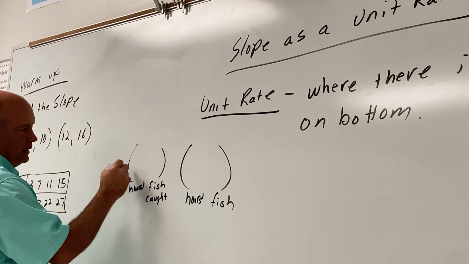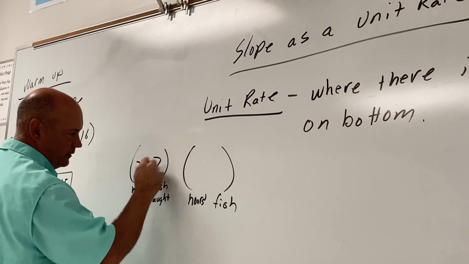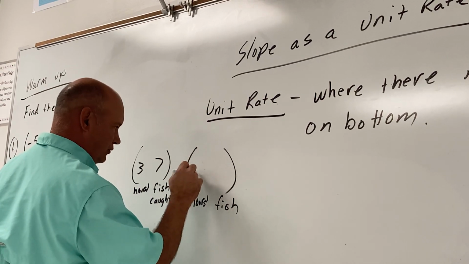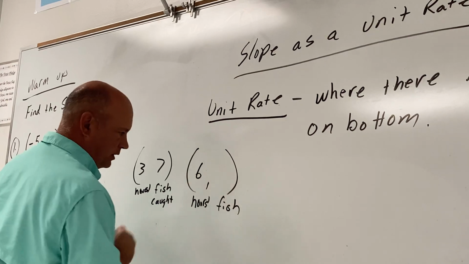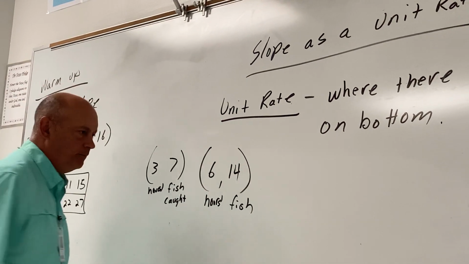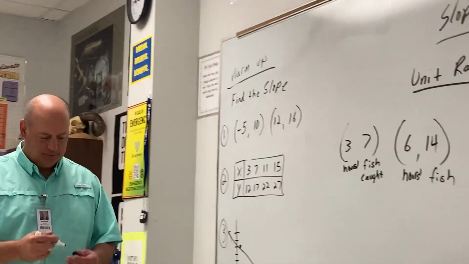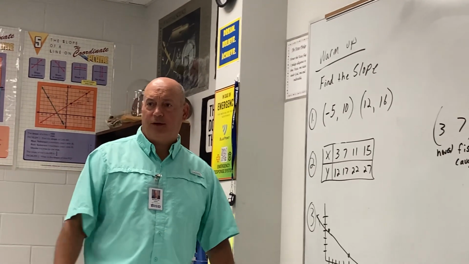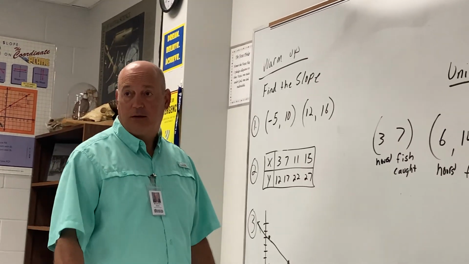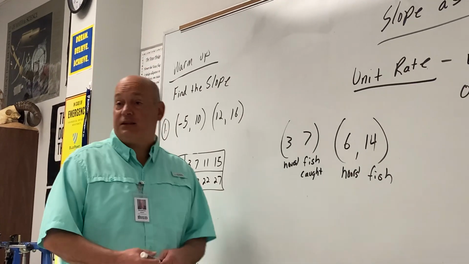All right, 3 hours, we caught 7, and 6 hours, we caught 14. No, that ain't very many. You only catch 14 in 6 hours, you ain't very good. Just saying. All right, let's find the slope of this bad boy.